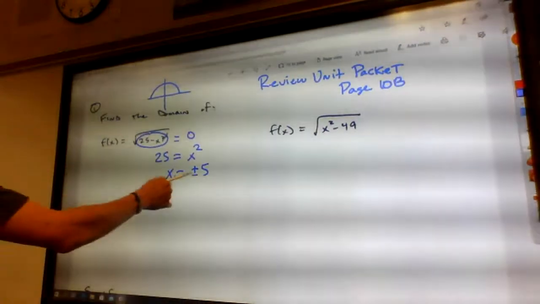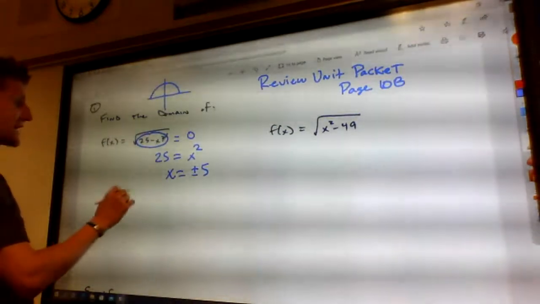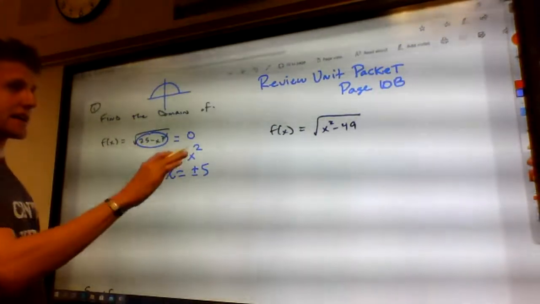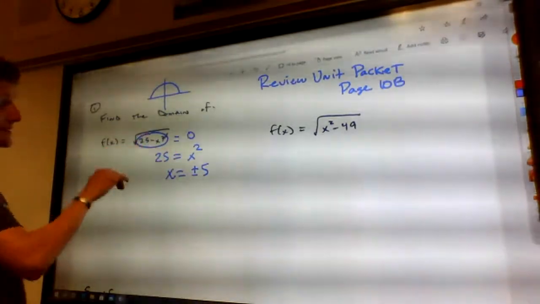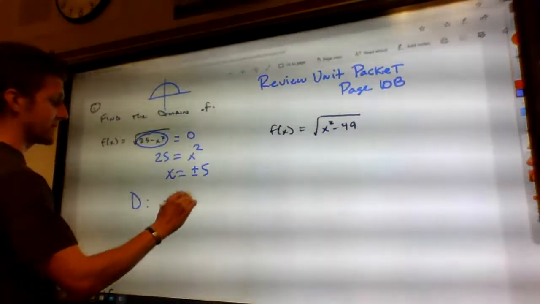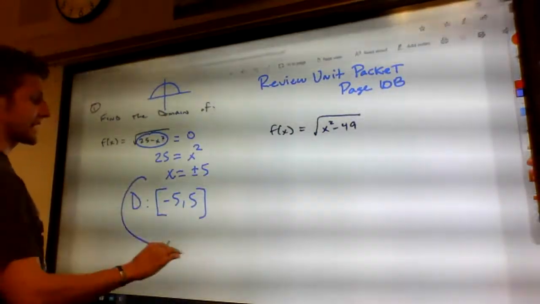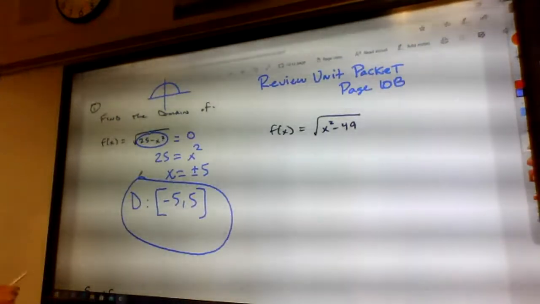No bueno. If I plug in 0, I get the square root of 25, which is 5. So I can have any number from -5 to 5, including both, because I can take the square root of 0. My domain would be -5 to 5. I use brackets to show -5 and 5 are included in my domain.